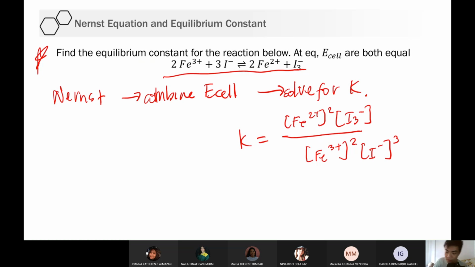Ito yung mga cell potential natin. So, ito yung reduction potentials. Wala kasi dun sa table kanina. Kaya bibigay ko na.